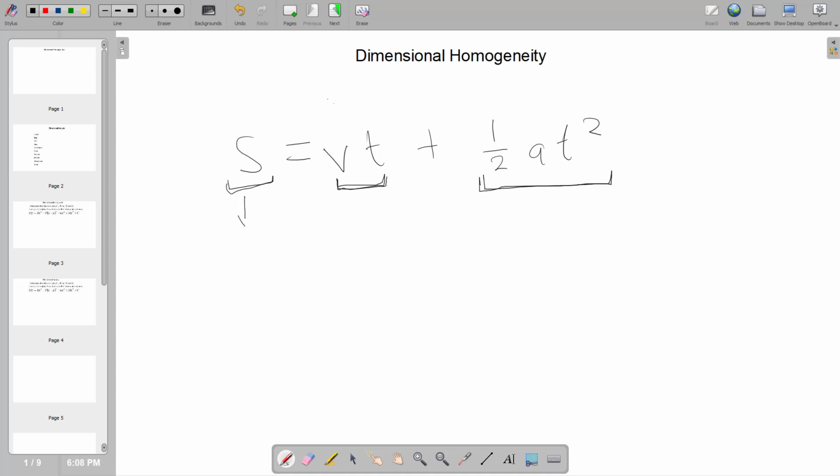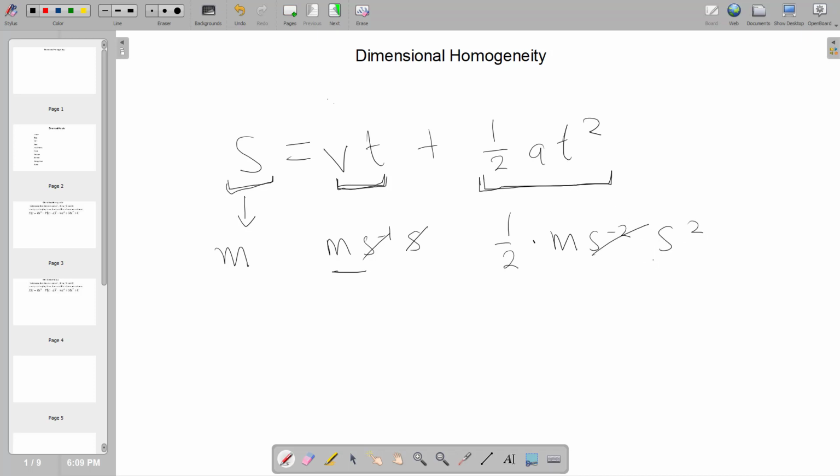This is a distance, so its unit is meters. This is velocity times time. The unit for velocity is meters per second, the unit for time is second. Per second cancels second, so we have meters. And then here we have half times acceleration, meters per second squared, and then time squared, so second squared.